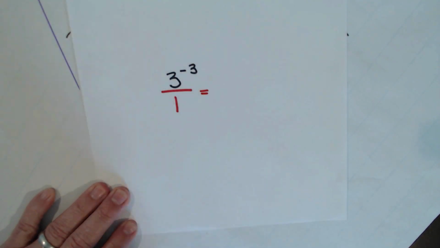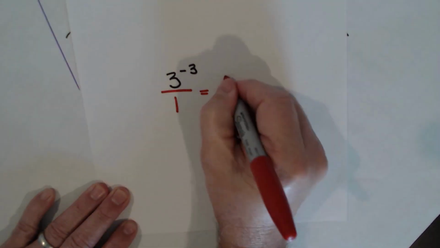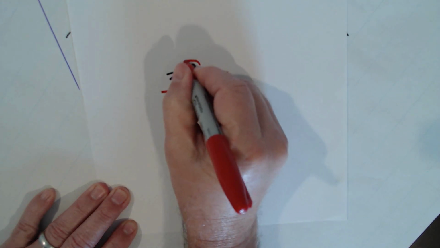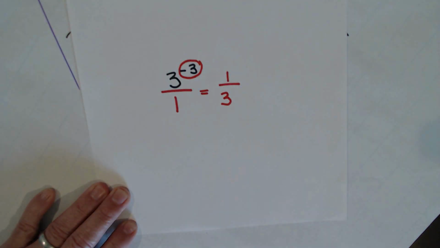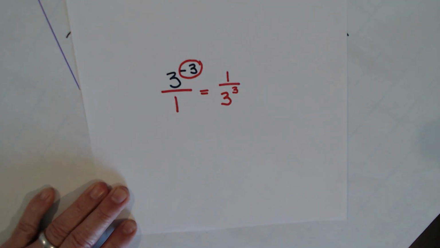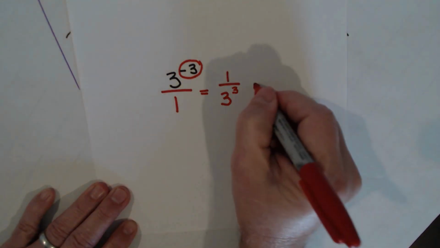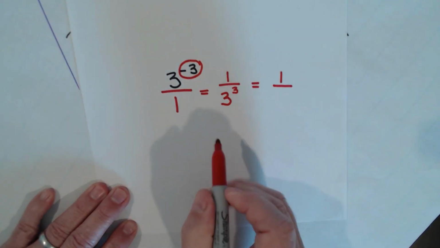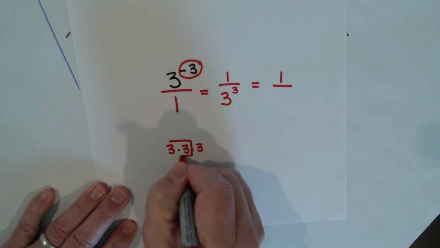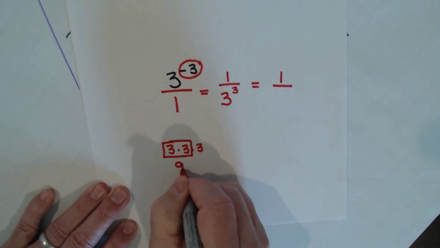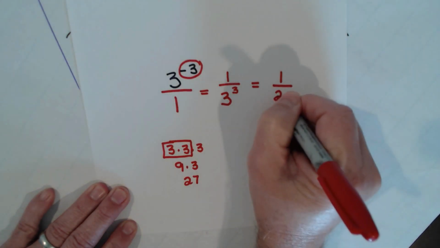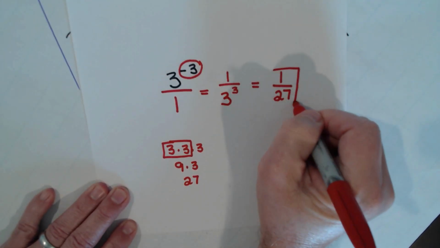Next I'm going to flip it, put the 1 in the top, put the base of 3, and change the sign of the exponent to a positive 3. And then I'm going to evaluate this. 1 over 3 times 3 times 3: 3 times 3 is 9, times 3 is 27. So 1/27.